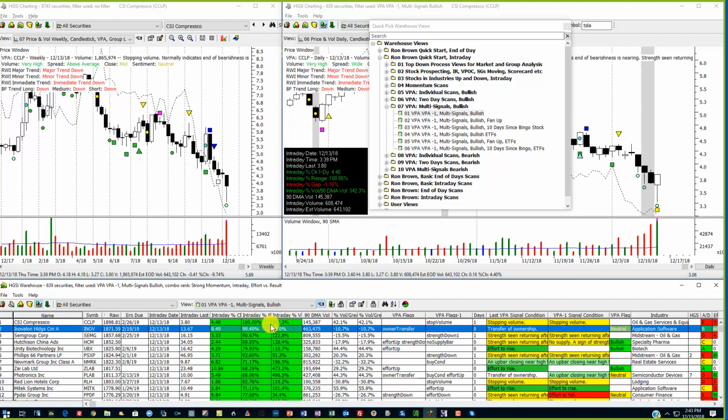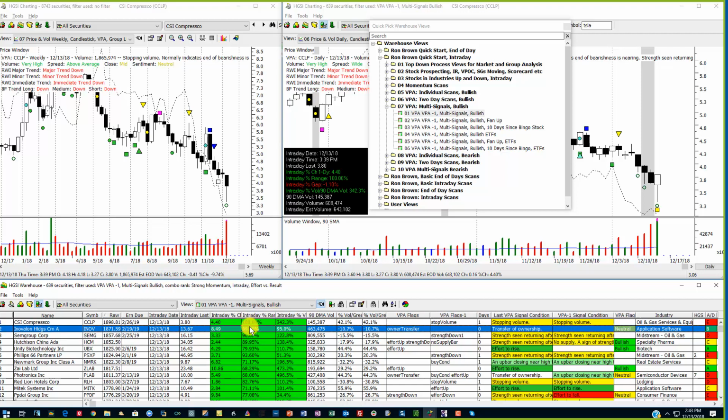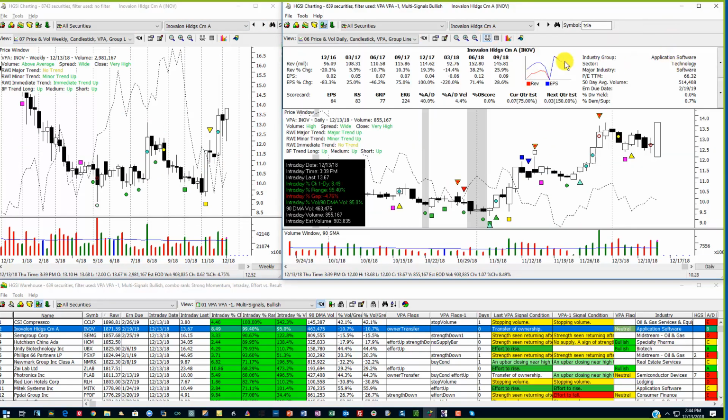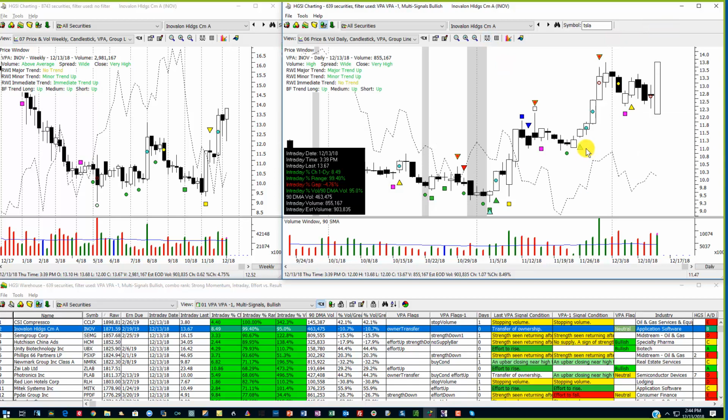Or if their intraday percent range is holding up near the top end, generally 90% or better is what I like to see. Here's application software. Anybody familiar with this one?